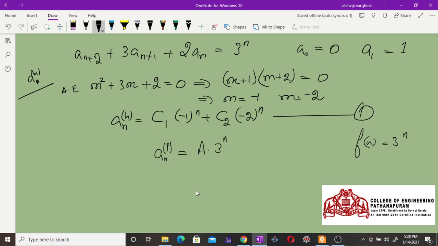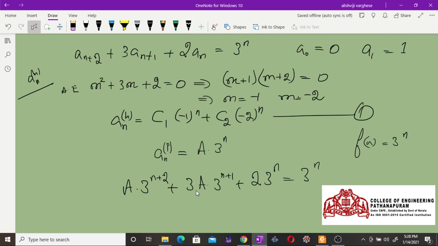Now substituting into the recurrence relation, a_{n+2}, that is we substitute n is equal to n plus 2 here, so it is the arbitrary constant A into 3 raised to n plus 2, plus 3 times a_{n+1}, that is A into 3 to the power n plus 1, plus 2 into a_n, that is A into 3 to the power n, is equal to 3 to the power n.